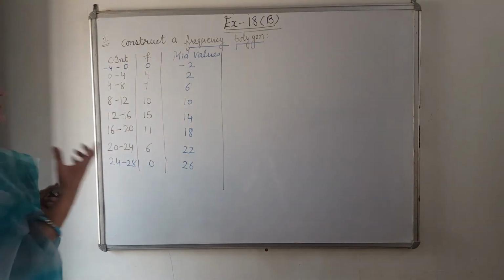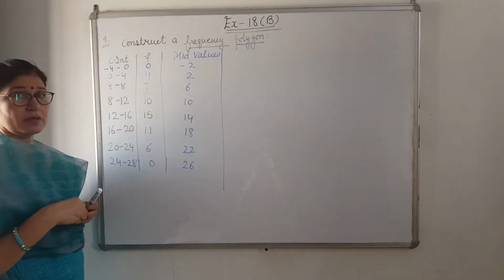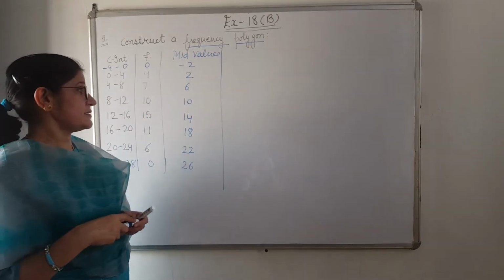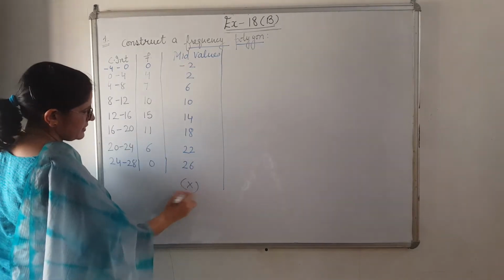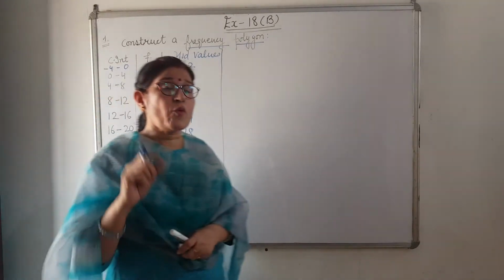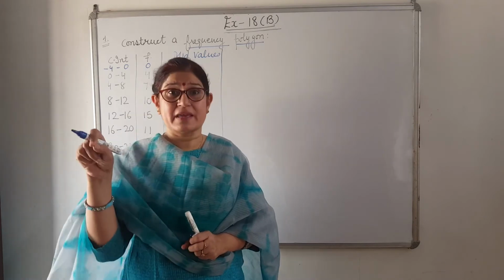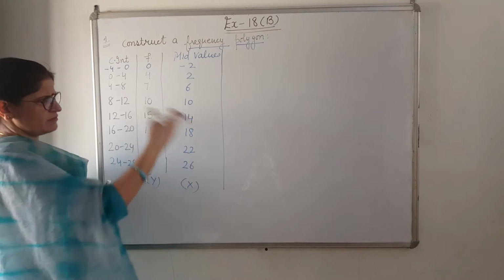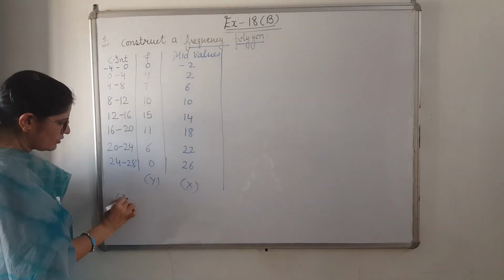Now where do we take these mid values and the frequency? We take the mid values on the x-axis and the frequency on the y-axis. Whenever we plot a point on a graph, we read it as (x, y), so the x number comes first and then y. To make it easy, group them: minus 2, 0.